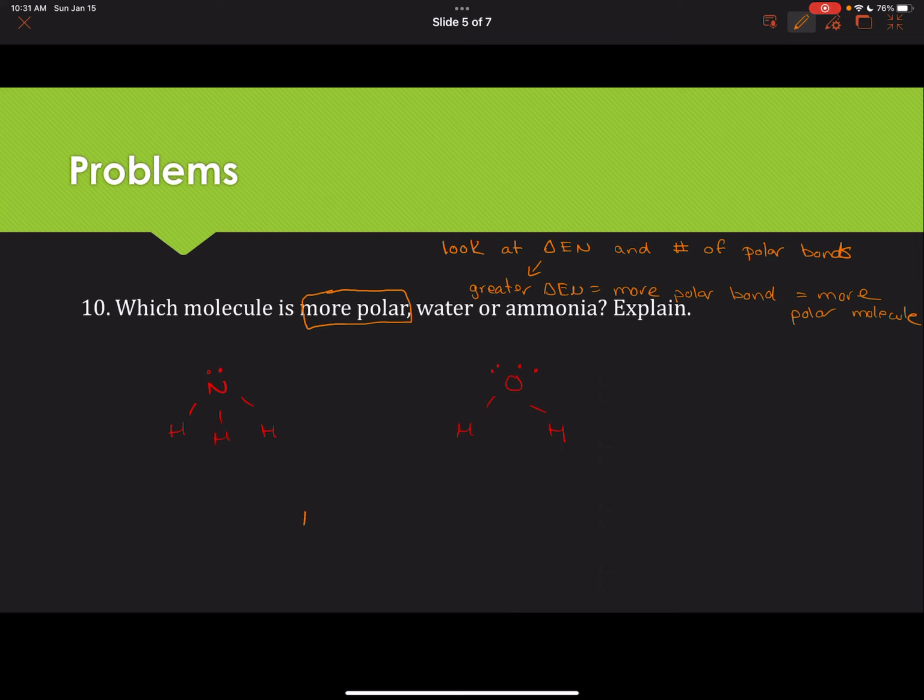So here, if we compare nitrogen and oxygen, oxygen has the greater electronegativity, which means that the oxygen-hydrogen bonds are more polar than the nitrogen-hydrogen bonds, which means that the water molecule will be more polar than the ammonia molecule.